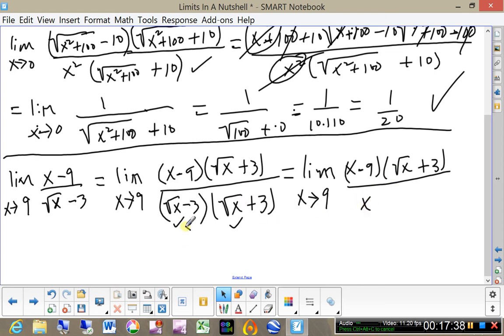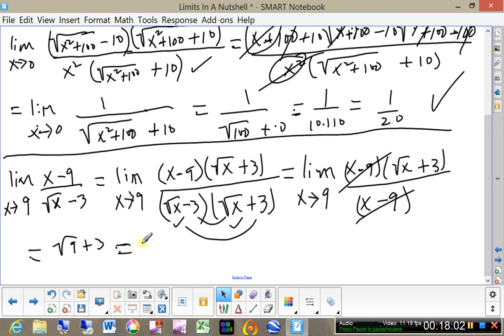Notice the outside and the inside will cancel, and then the last term will be minus 9. So we get this for the denominator, and we can cancel the x minus 9, and now plug in x equal 9, and we get the square root of 9 plus 3 equal 6. So the limit is 6.